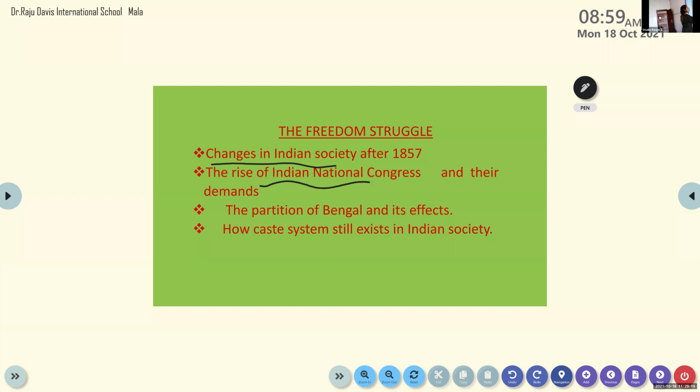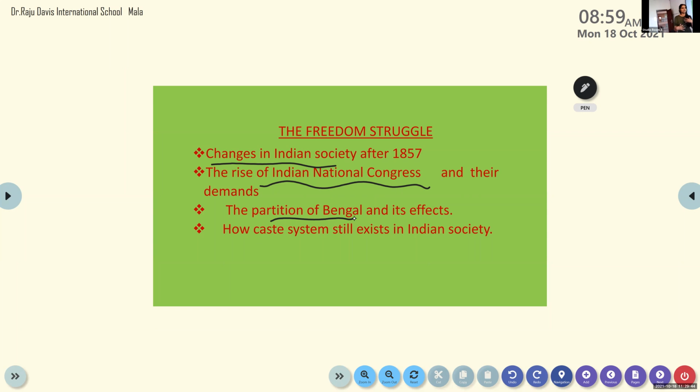And the rise of the Indian National Congress, the first political party of India. Still now it exists. So the Indian National Congress and their demands, and the new political parties, we are going to discuss. The partition of Bengal: Bengal was the largest province of India at that time. Partition means divided into two parts.